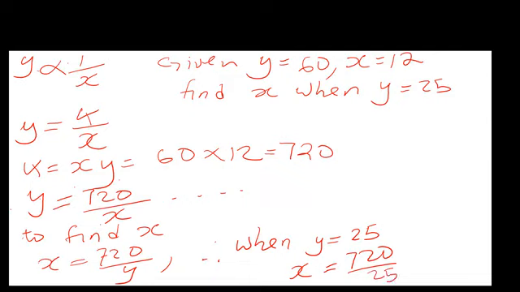So 720 divided by 25 gives us 28.8. Which means when y is equal to 25, x will be equal to 28.8.